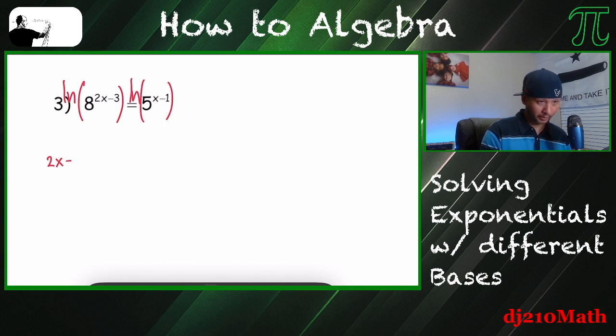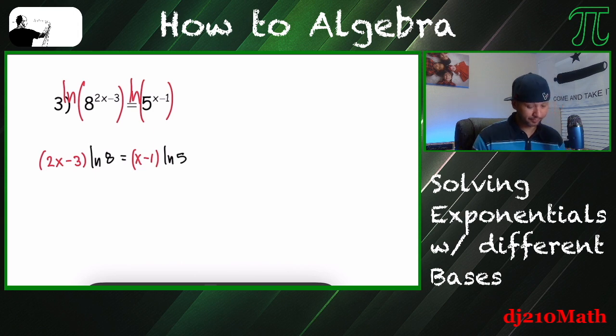The whole reason why we chose to use a log. So 2x minus 3 ln 8 is equal to x minus 1 natural log 5.